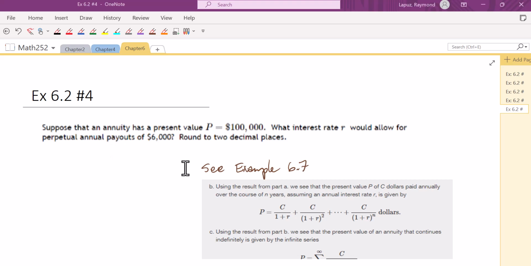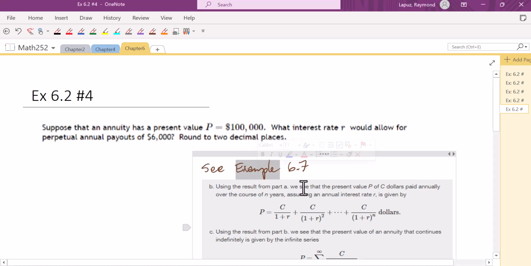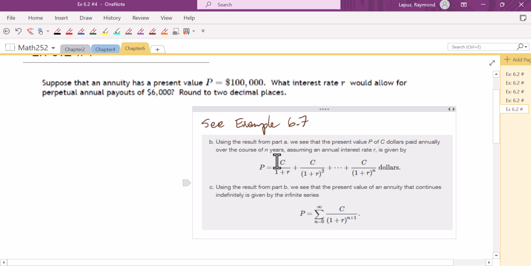And so I want to call back the book and have you look at example 6.7. For 6.7, I'm just going to grab some formulas that might be needed. So here are a couple of formulas that could be useful.